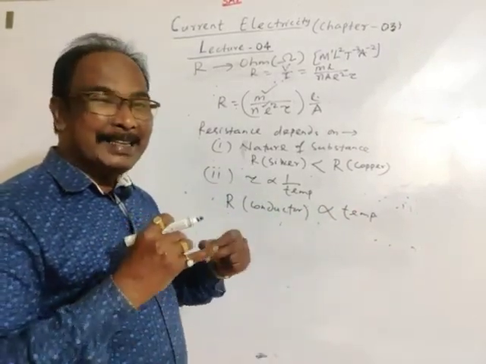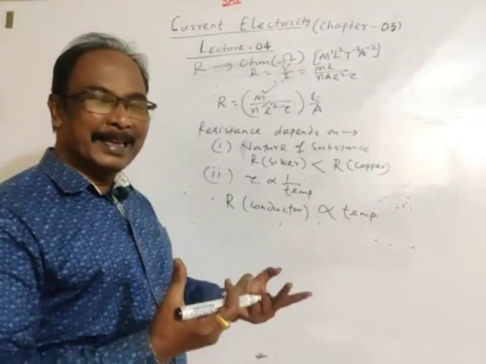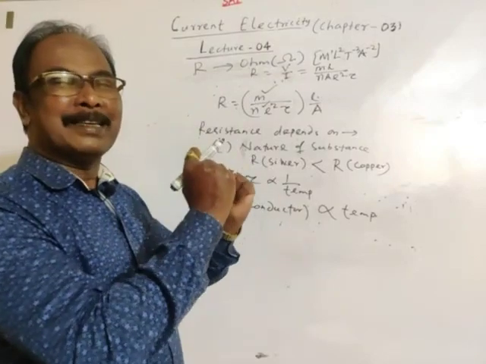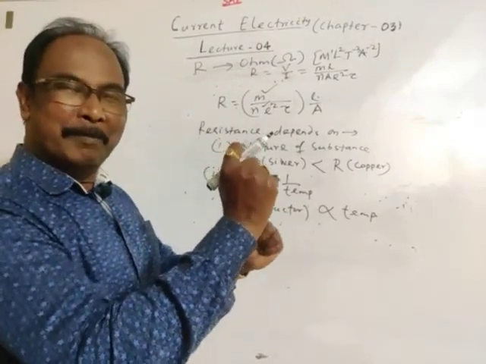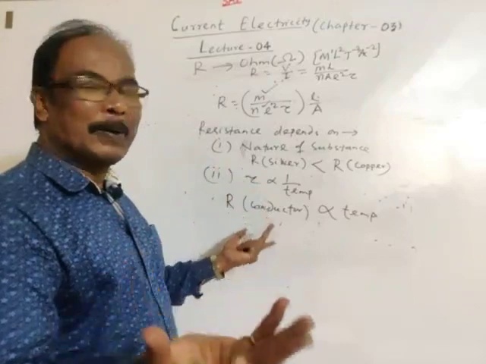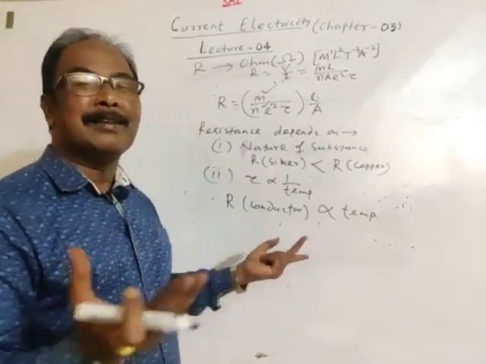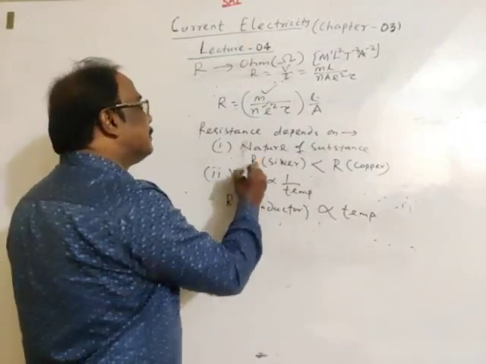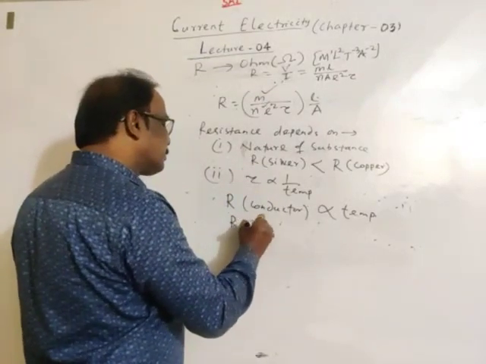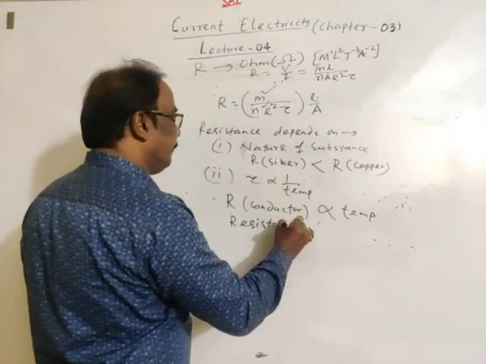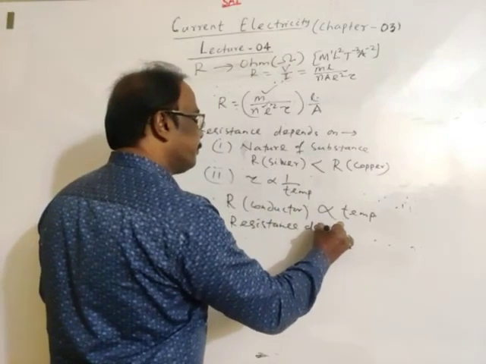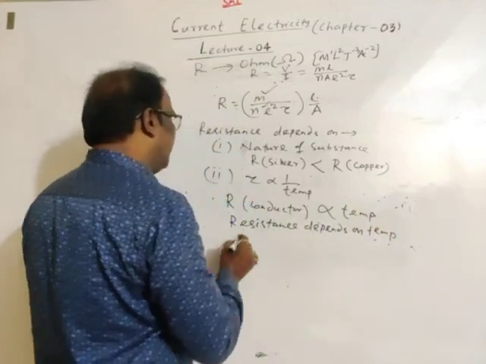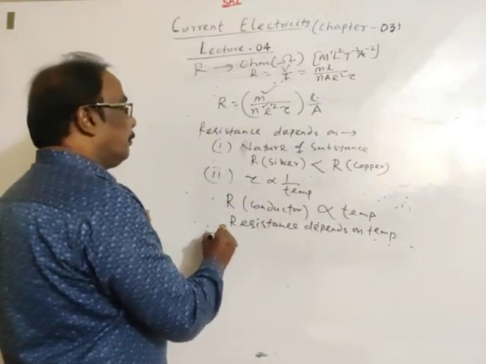Why? Because due to increase in temperature, the vibrational energy of free electrons increases, so collisions increase, so resistance increases. So we'll discuss it in brief. So we may write, resistance depends on temperature.